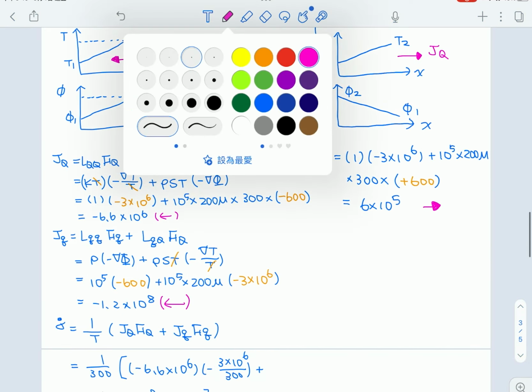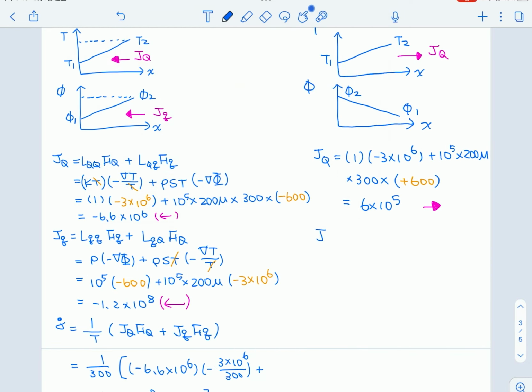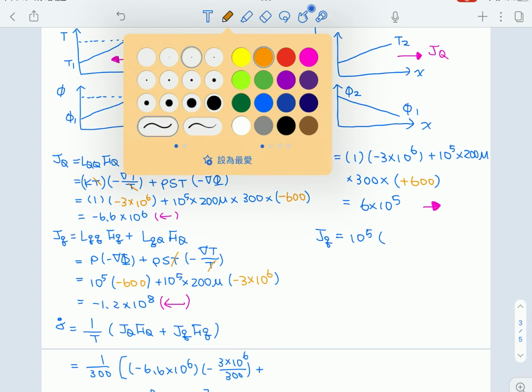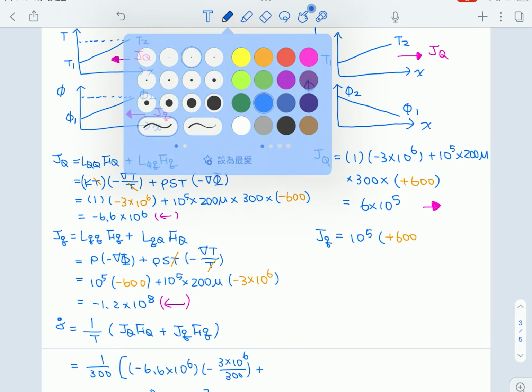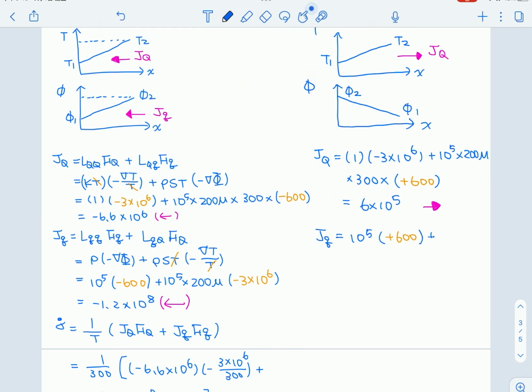Okay, and how about current? How about current? So current is the same, right? You can copy, but you need to pay attention. This will be positive 600. Then the rest of it, just copy.